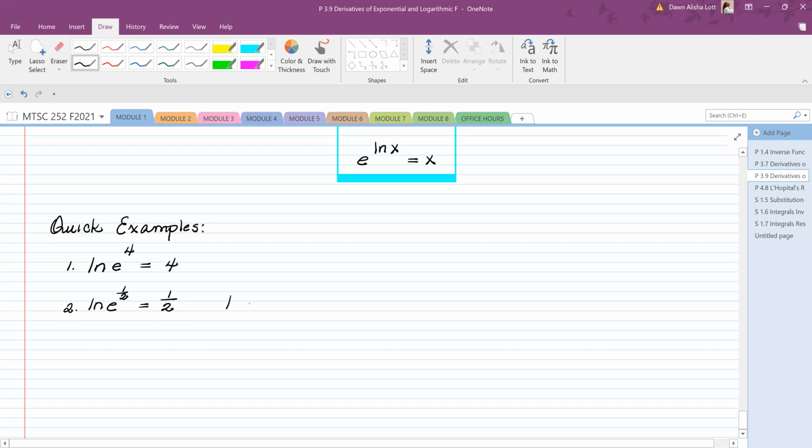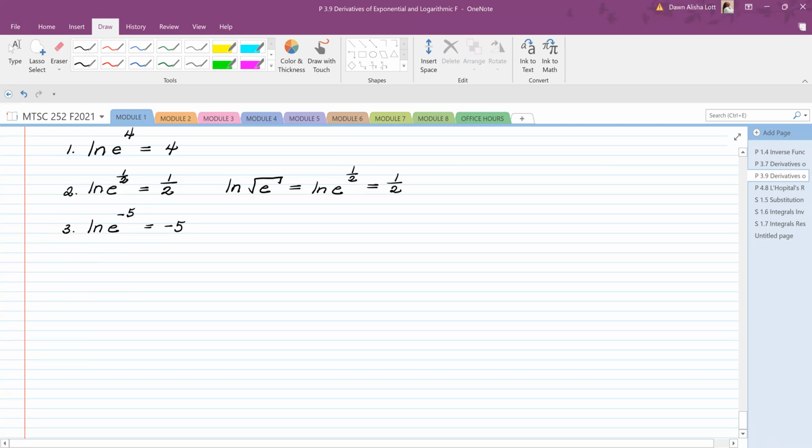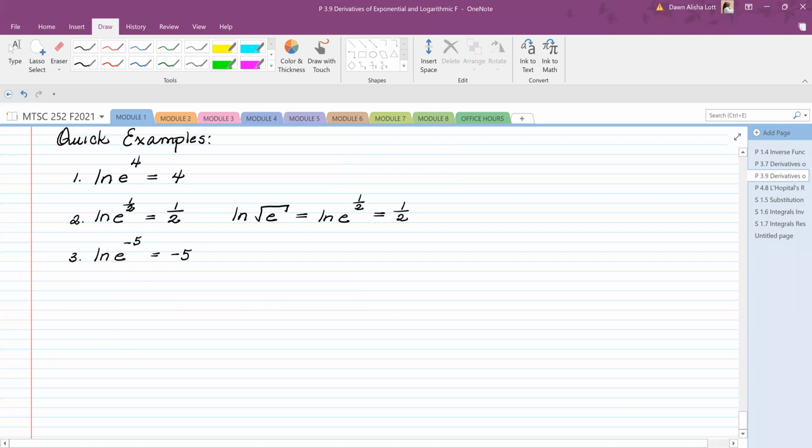Same as the log of the square root of e, the natural log of e to the 1/2, is 1/2. The natural log of e to the -5 is -5. It does not matter what it is. This is the way it works.